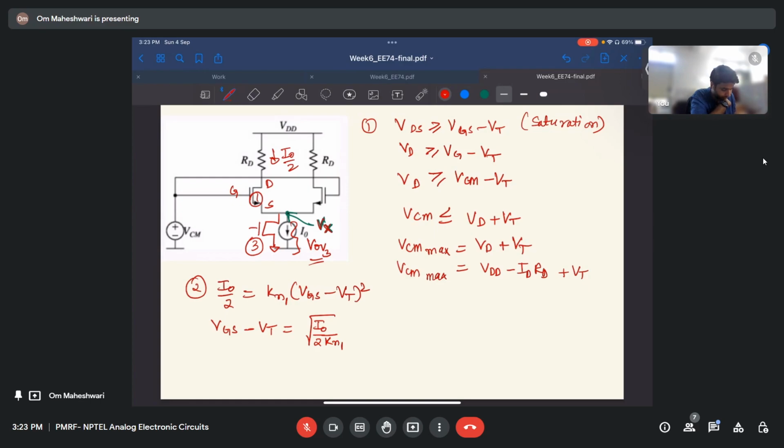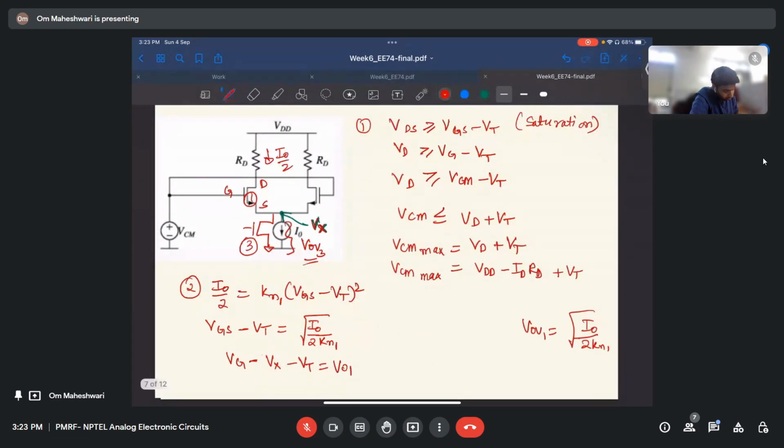If I rewrite this, Vg minus Vs is Vx, so Vx minus Vt equals VGS minus VT, which is the overdrive of transistor 1. So let me write VOV1 equals under root of I naught by 2 Kn1.